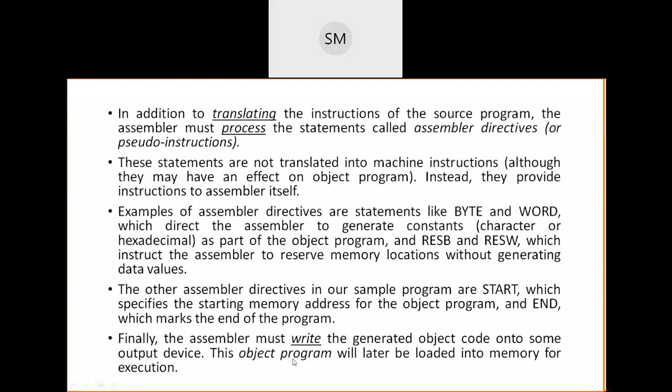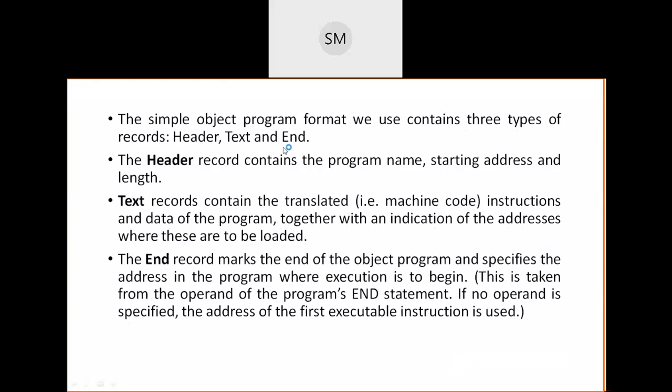So now we are going to write the object program. Later, after writing this object program, it will be loaded into the memory for execution. And who will load it? The loader will load it into the memory. Now, that object program should have a particular syntax.